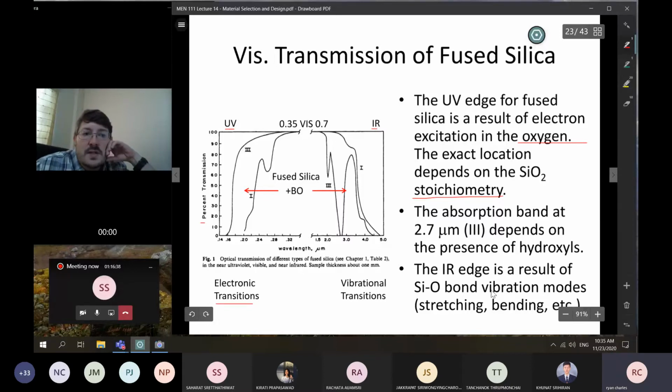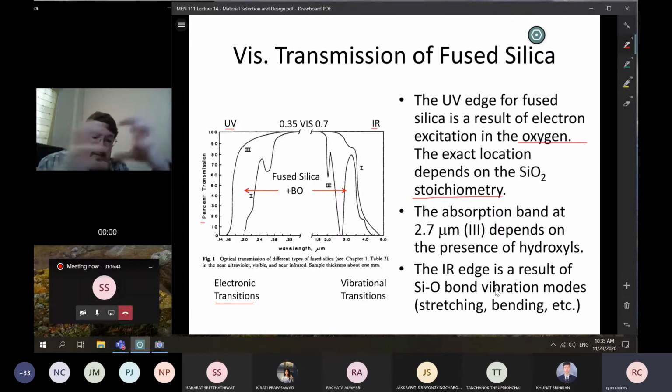Infrared is a result of bond vibration. Remember, atoms are always moving. And because they're bonded, those bonds vibrate. And they have different modes of vibration, right? If you take chemistry, you may have heard that mentioned before. Bonds have different vibrational modes. They can stretch and bend and twist and things like that.